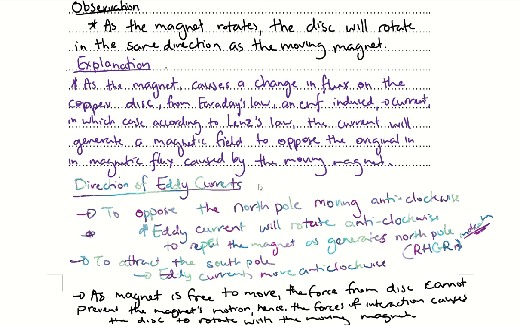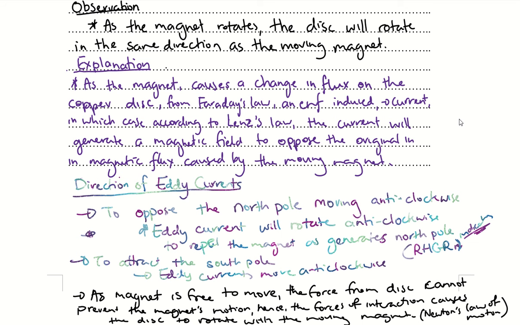Because of these formations of these eddy currents, and because of Newton's third law. So this is an example of Newton's third law of motion. As the disk exerts a force onto the magnet, the magnet also exerts a force onto the disk as well.